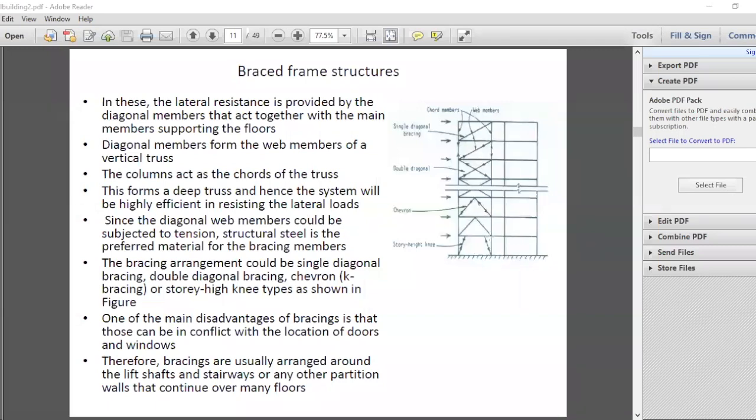But can somebody say what is the main disadvantage of these bracing systems? When you have bracings like this, can you have openings? In this type of situation, having an opening is not easy. Even here, it's not easy.